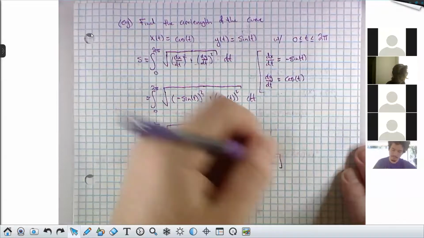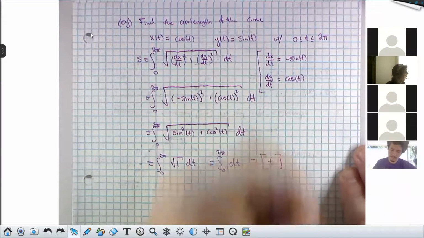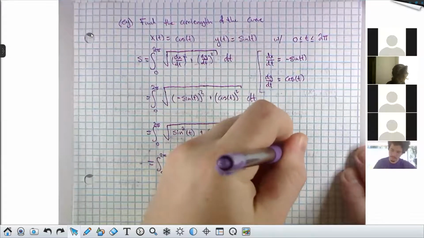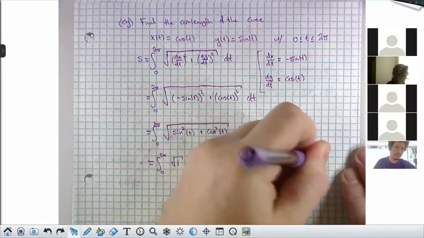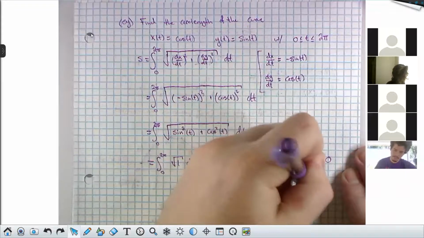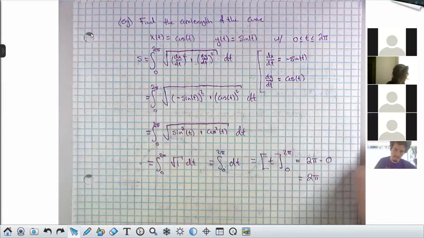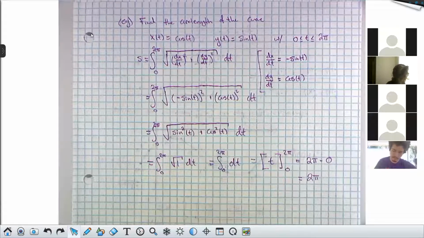The antiderivative of 1 dt is just t. So this is t evaluated from 0 to 2 pi, which is 2 pi minus 0, or just 2 pi. Thank goodness. We were pretty sure that the unit circle had circumference 2 pi, and indeed it does.